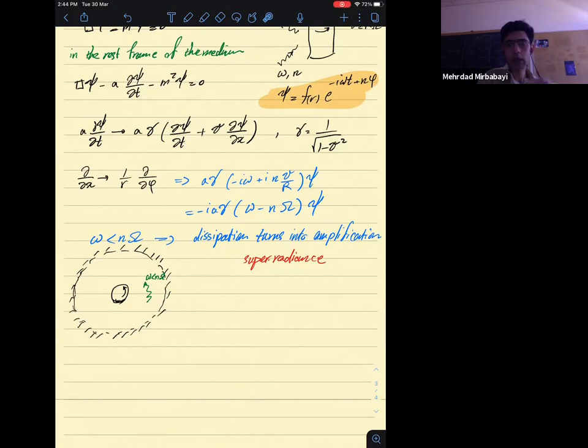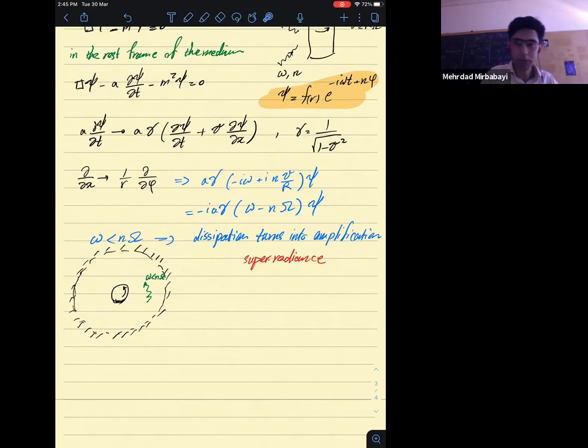And as it amplifies, it extracts energy from the rotating cylinder. Notice that the energy I'm extracting is coming from the kinetic energy of this cylinder. So as I extract energy from it, it gradually slows down. Therefore, omega goes down, and this process will saturate.